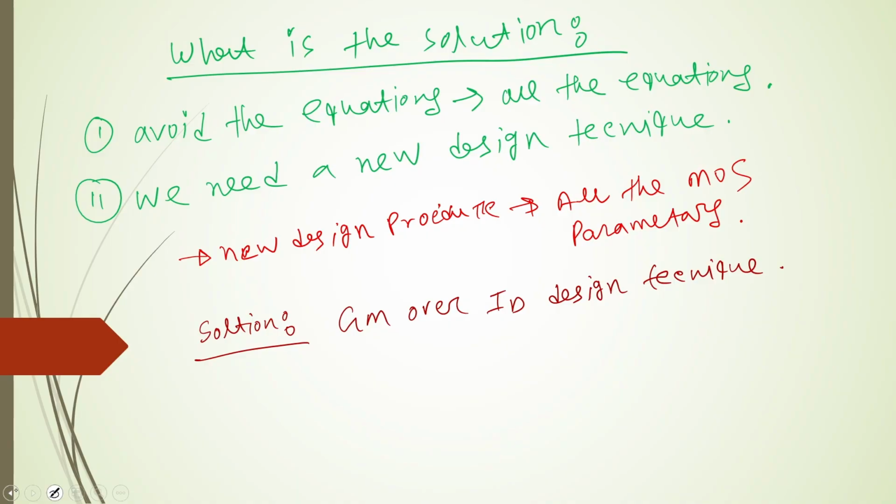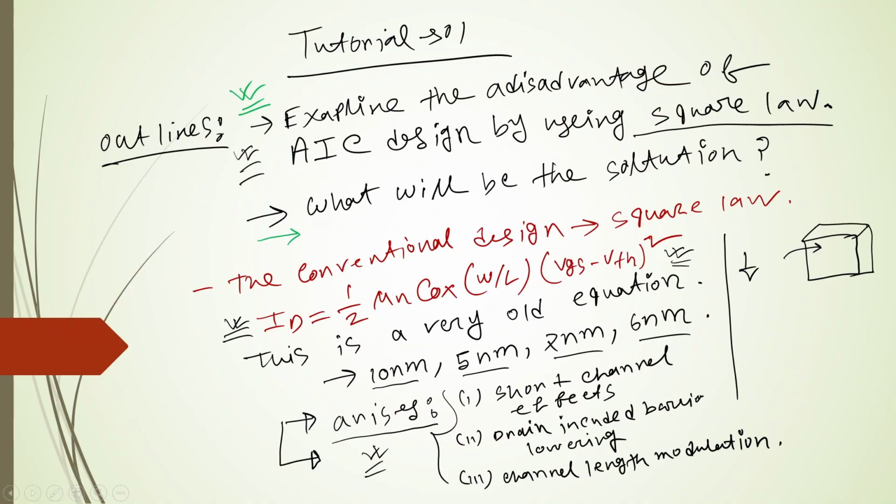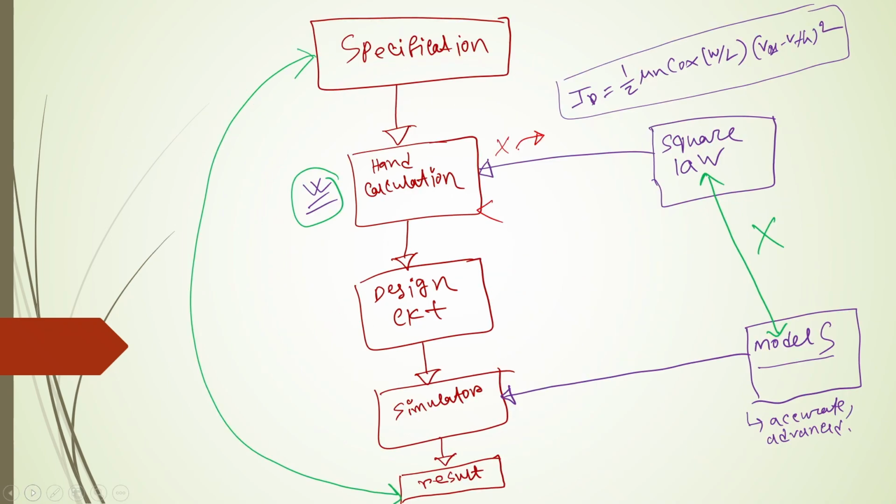In this tutorial, we covered two things: what is the disadvantage or problem whenever we design our IC by using the square law, and why the results and the specification do not match. The simulator models and my hand calculation equations are not matched correctly, because the simulator model libraries use all the effects of our MOSFETs.